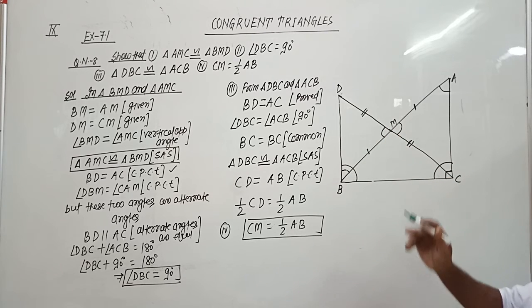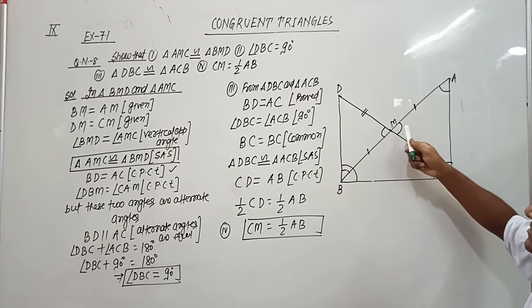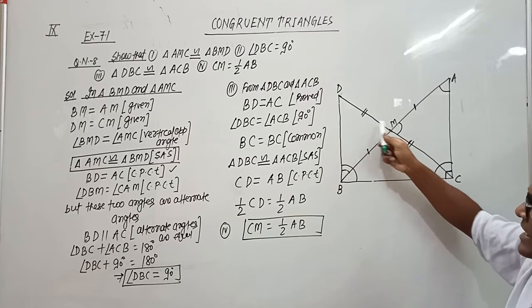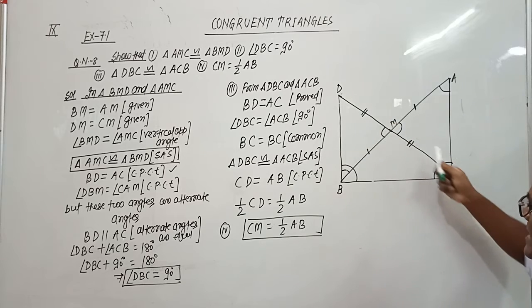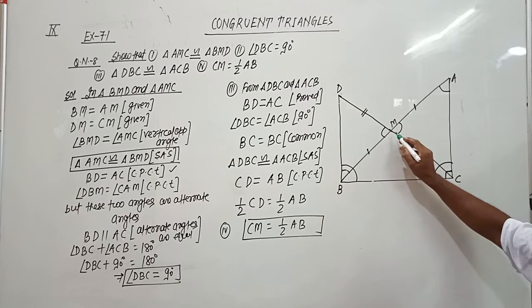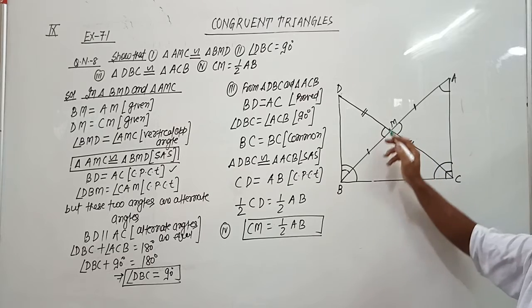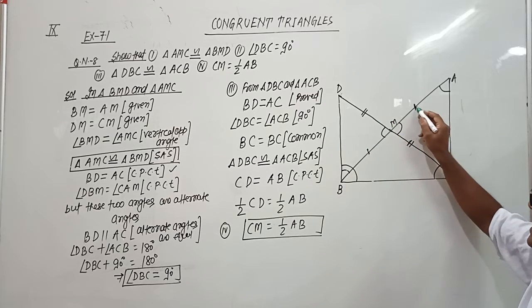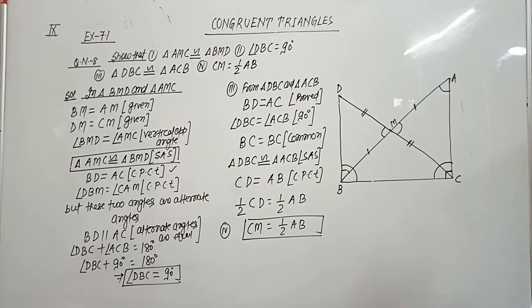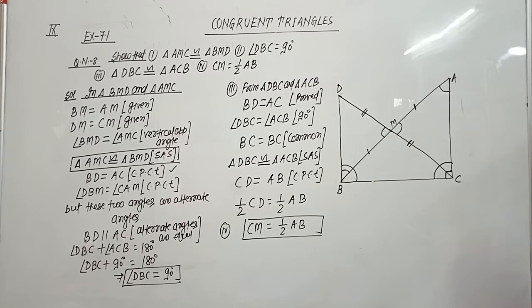So for the first part we take two triangles, BMD and AMC, in which we are given BM equals AM and DM equals CM. So these two sides are equal to their corresponding sides, and these two are vertically opposite angles.